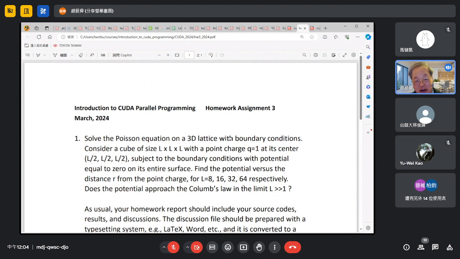The boundaries are at potential 0, so the charge is at a site. Whether it is exactly at the center or not really does not matter.